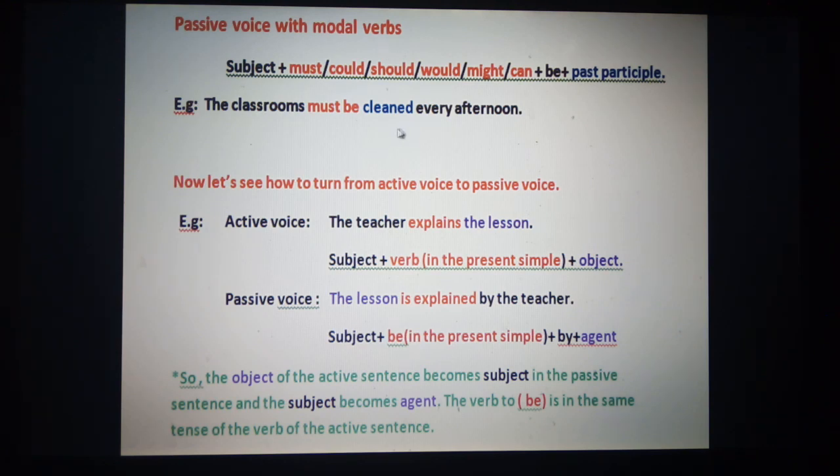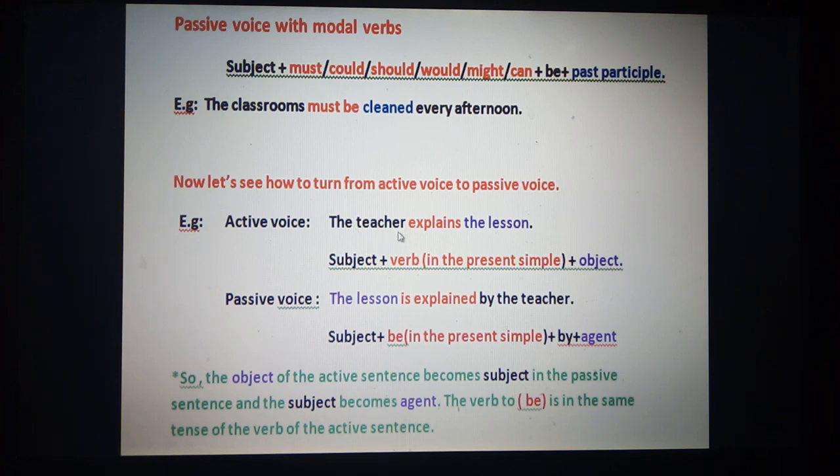Right? Now let's see how to turn from active voice to passive. Here is an example. The teacher explains the lesson. This is an active sentence.